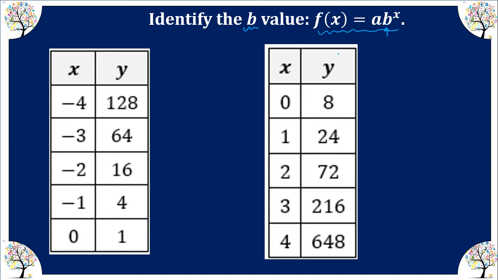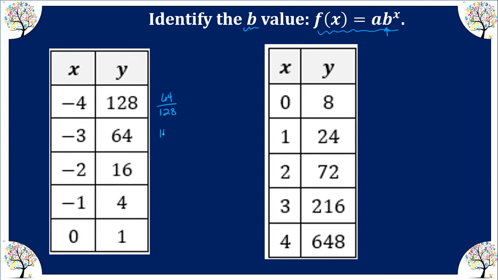To find the b value in a function table, we can compare. We're going from 128 to 64 to 16 to 4 to 1. The best way to identify that b value is to take an output value and place it over the previous one to make a ratio, because our b value is the common ratio.